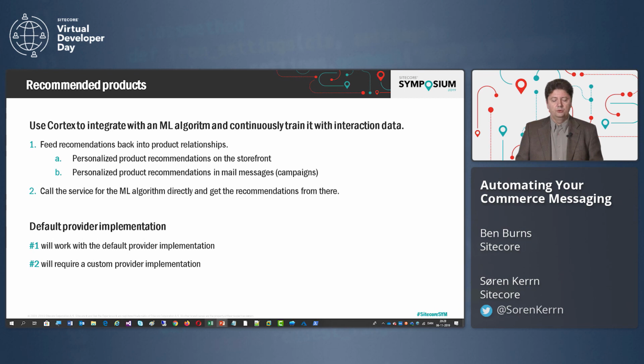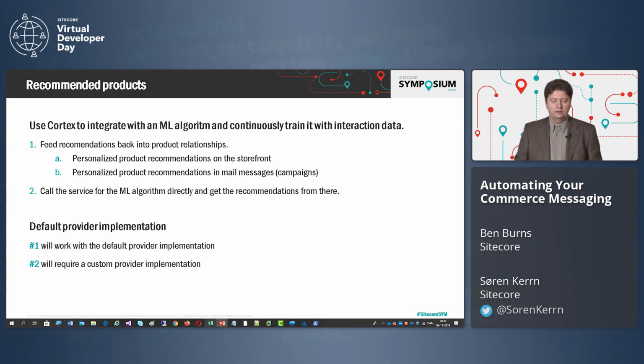The idea is to use Cortex to integrate to a machine learning algorithm and continuously train it to learn from interaction data. We basically have two options here. One is to feed the recommendations back into the product relationships.